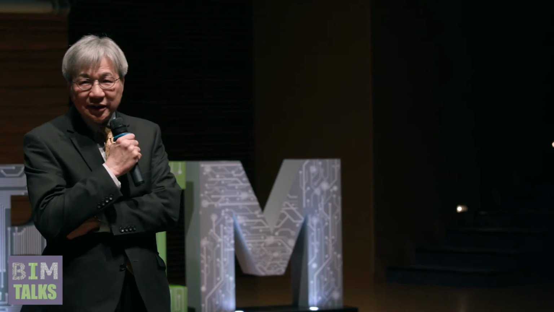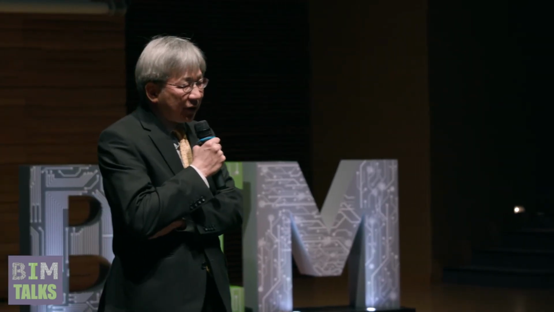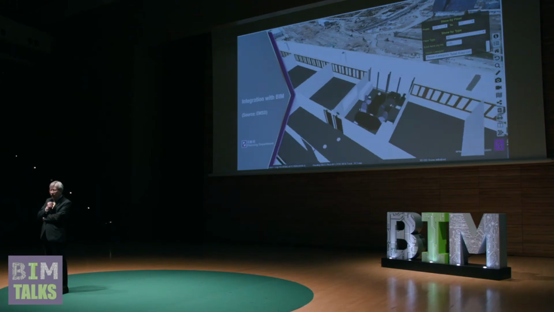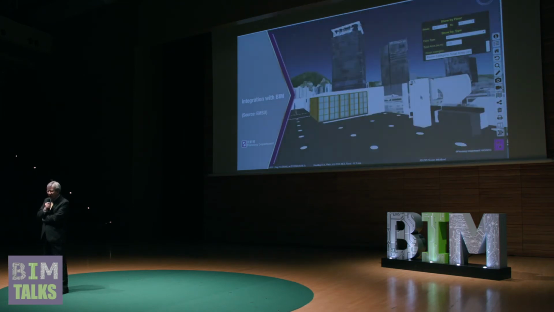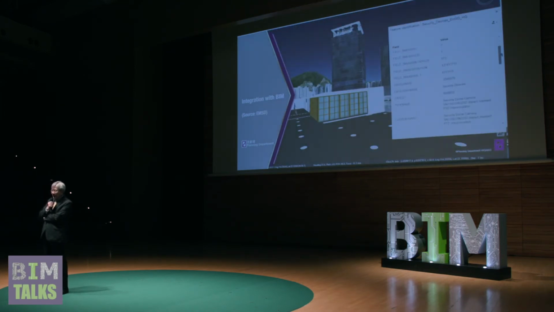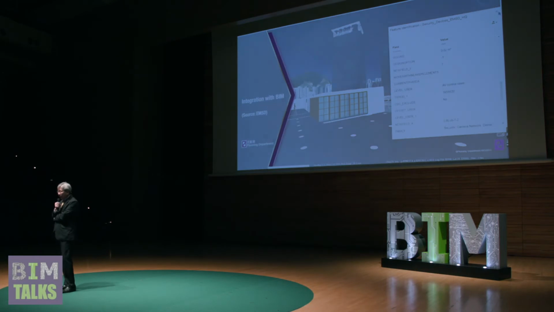This is EMSD's headquarters, the proposed one. So we inputted the BIM model into it and checked its relationship with the surroundings. And also we can click to a certain item, like the CCTV, and pull out the information from that.